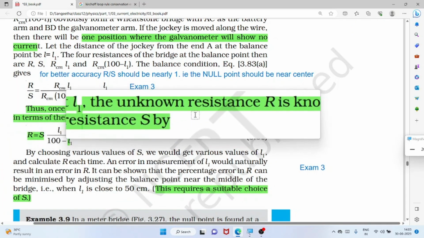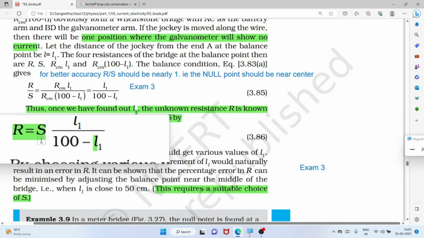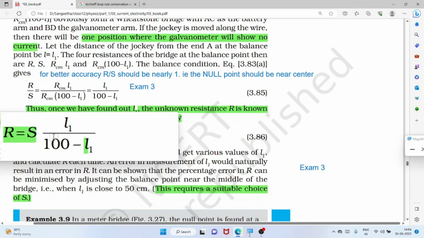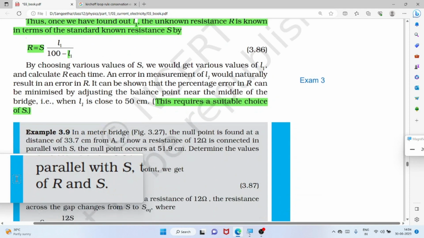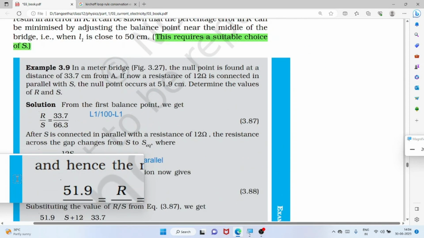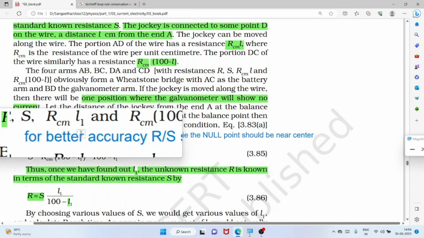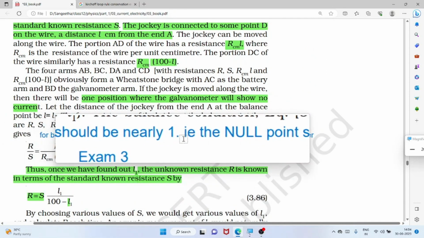When we find L1, then the unknown resistance can be found using this. S is the standard resistance, that is the variable we are varying. Then from the known L1, we can find the unknown resistance R. See here, that is important. For better accuracy, the ratio of R by S should be nearly 1.